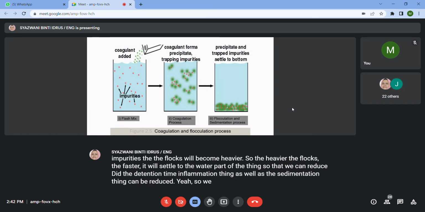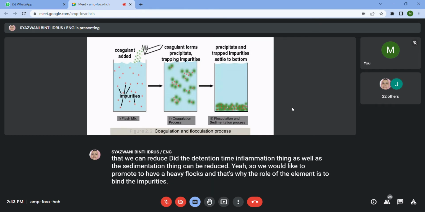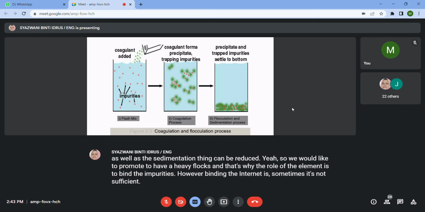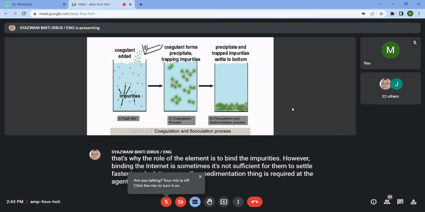So we would like to promote a heavier floc. That's why the role of the alum is to bind the impurities. However, binding the impurities sometimes is not sufficient for them to settle faster in the flocculation as well as the sedimentation tank. It requires another agent, whose role is to promote a faster settling process.